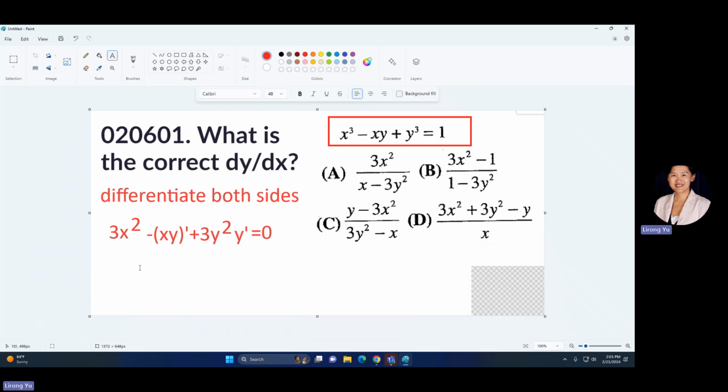Let's do it slowly so we don't lose track of the terms. Hope that you're with me. The main goal is to eventually find a formula for y prime. So everything else has to be calculated, and right now we realize the only one that needs to be calculated further is this one.